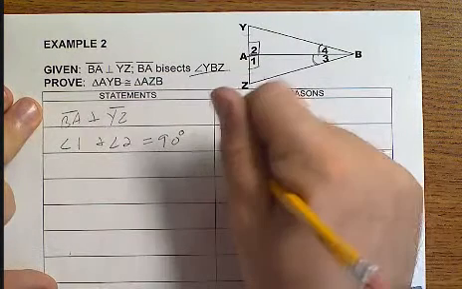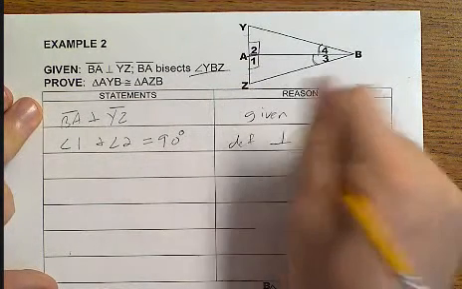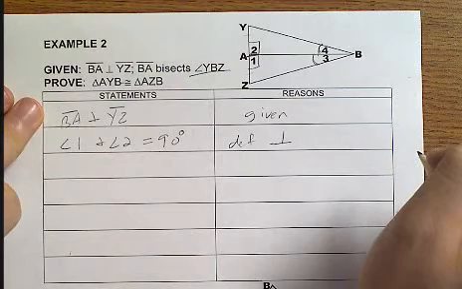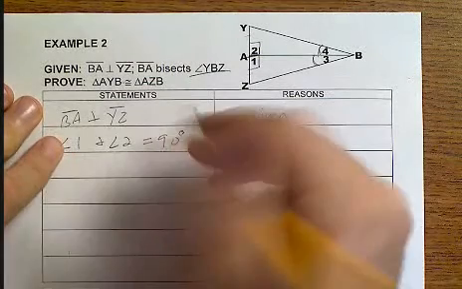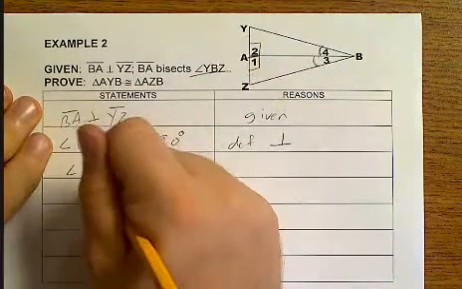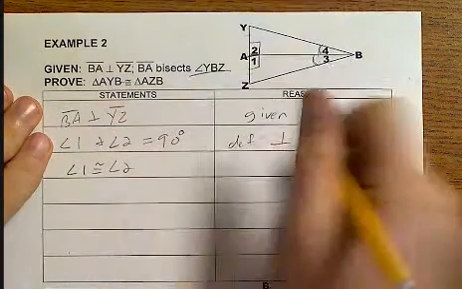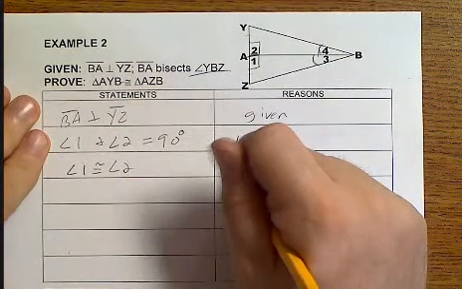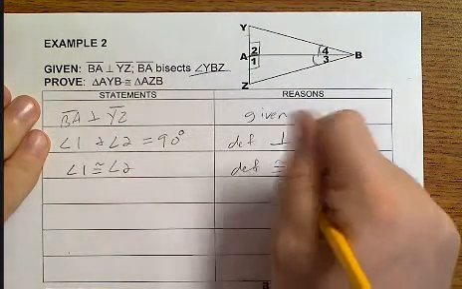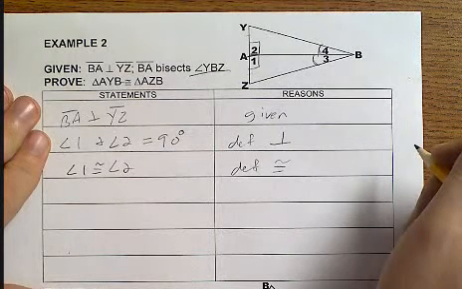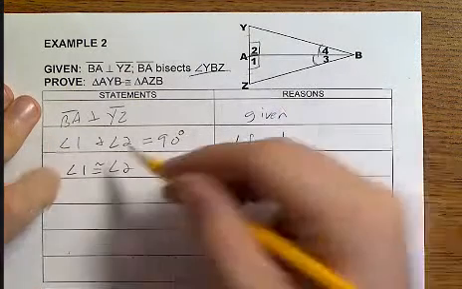That's just the definition of perpendicular. If we know that 1 and 2 are both 90, that means we know that 1 is congruent to 2. And that's simply the definition of that congruency statement. So we've got our first congruency.